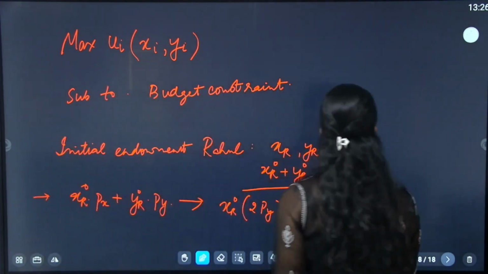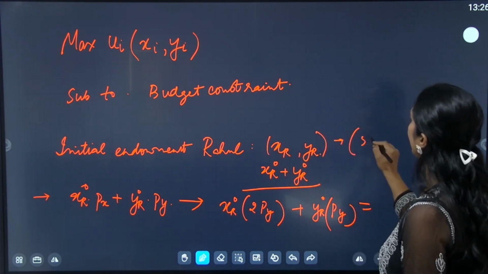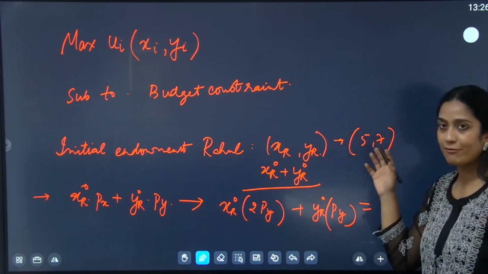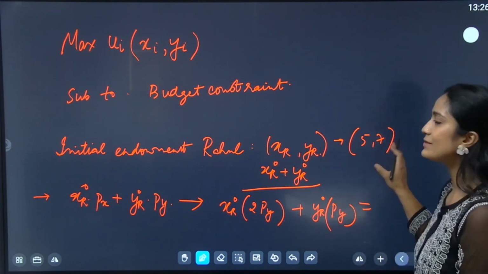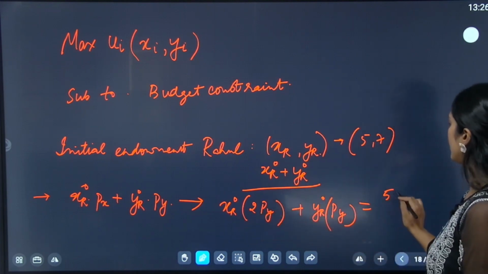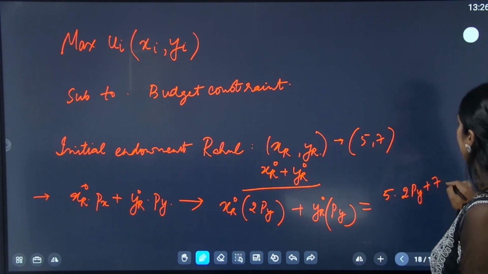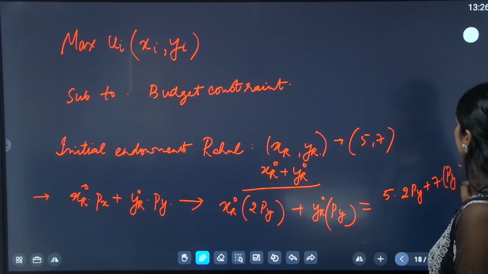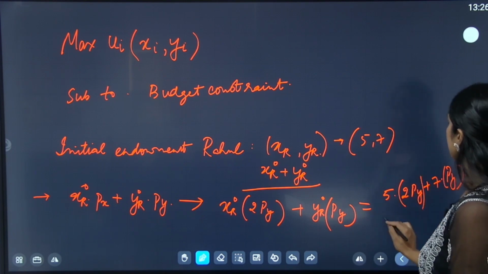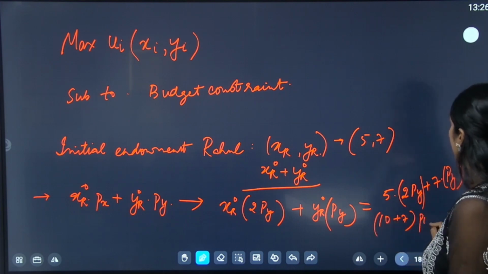And suppose this bundle is essentially 5,7, right? So you have 5 units of bread and you have 7 units of rum. So then this becomes 5 times 2 py plus 7 times py. Correct? So this becomes 10 plus 7 py.